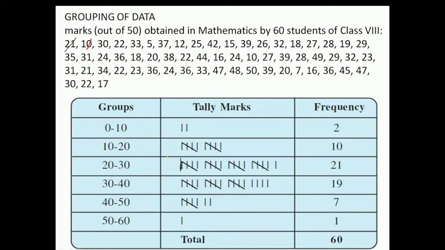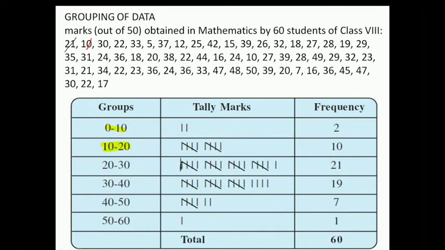So dear students, here you have to decide where to keep 10, and when numbers like 20, 30, 40, 50, 60 come, you have to use the same criteria for the other numbers also. So we will make one criteria for ourselves. You can see 10 is in both groups 0 to 10 and 10 to 20.